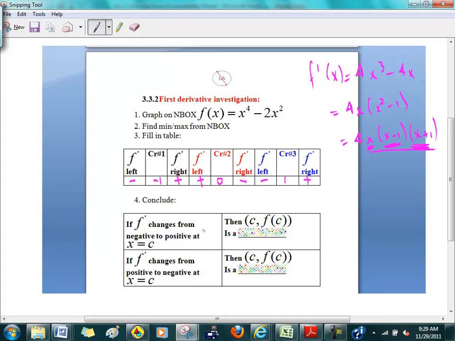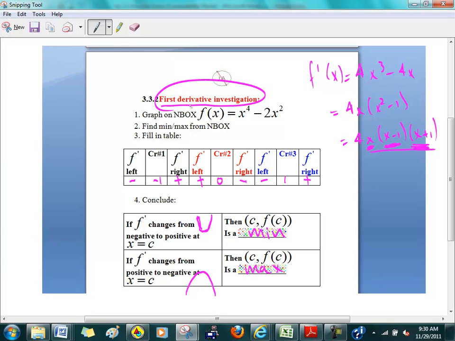So if it changes from a negative to a positive, then this guy is going to be a min. And going from a positive to a negative is going to give you a max. That's called the first derivative test.